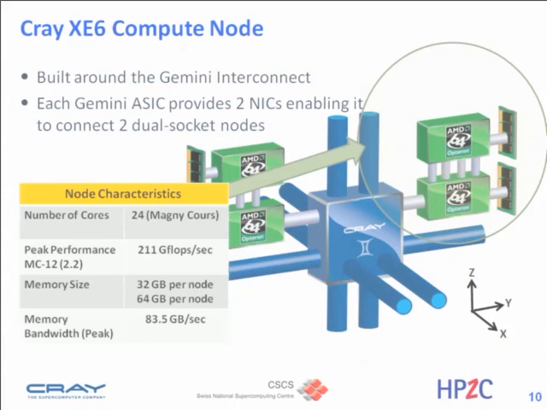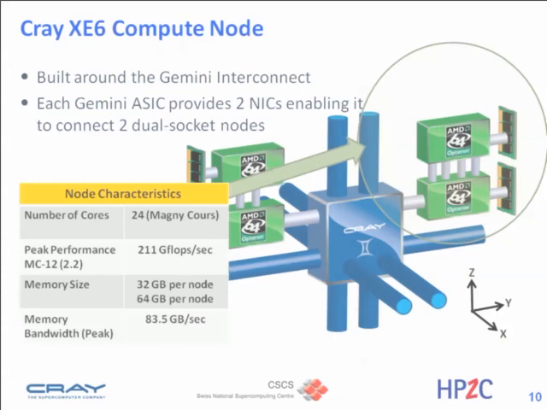The peak performance you can get out of this is of the order of 211 gigaflops. That, of course, is a peak performance. Memory depends on how you build the machine. You can have 32 gigabytes per node, or you can have 64 gigabytes per node. The machine that's here has 32 gigabytes per node.